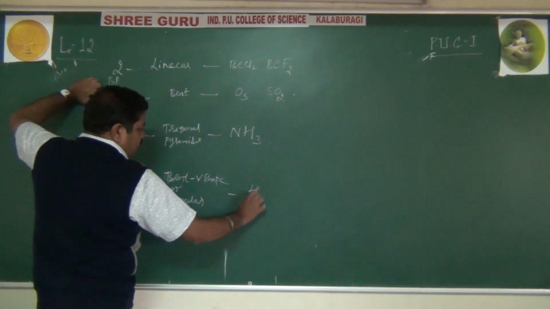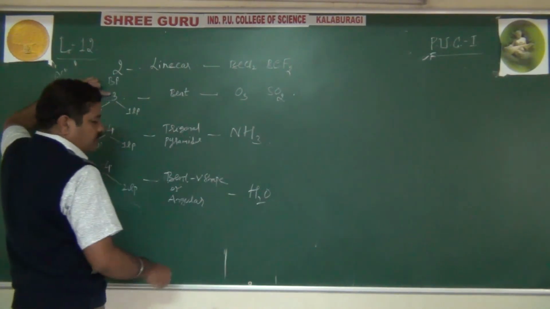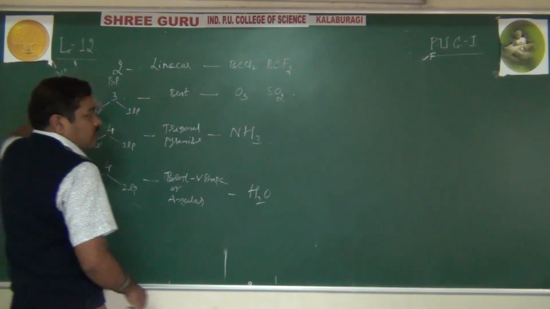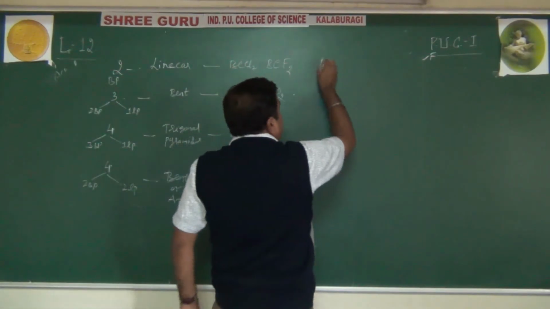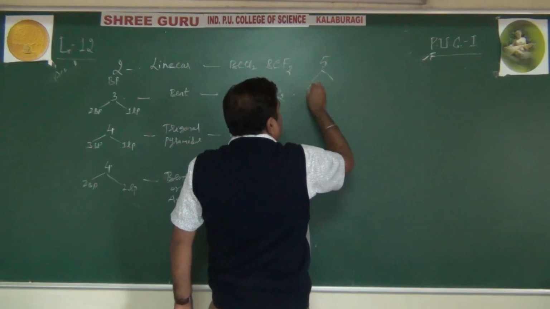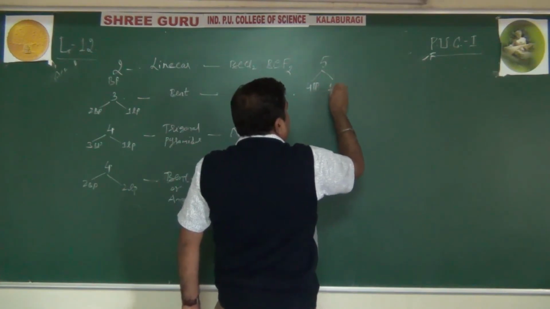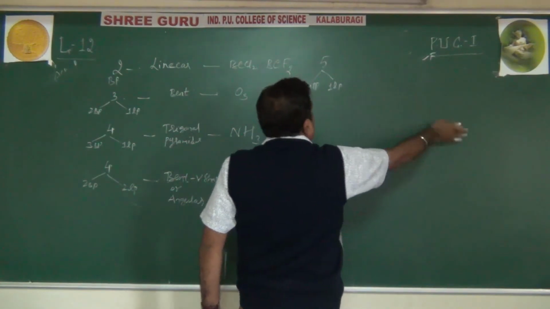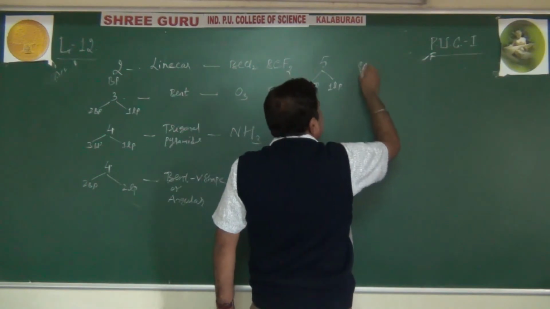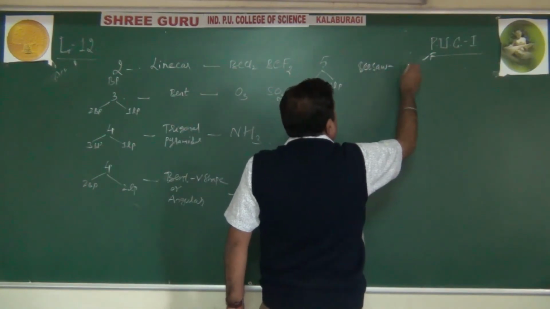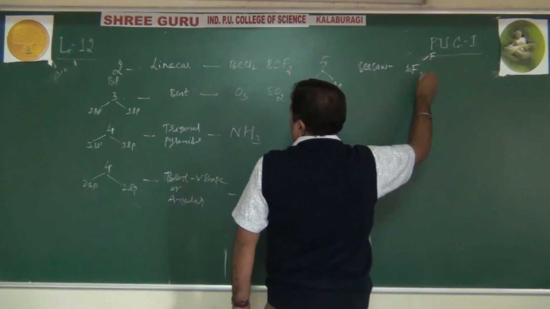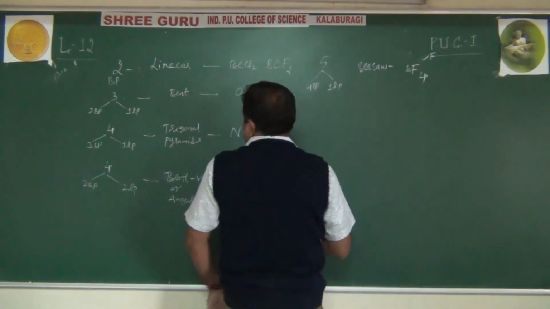Best example water. If the number of electron pairs is 5, with 4 bonding pairs, 1 lone pair, then it is see-saw. Expected example is SF4.